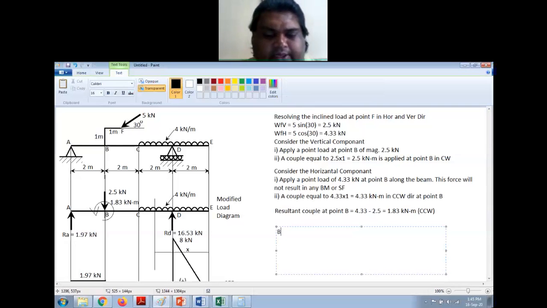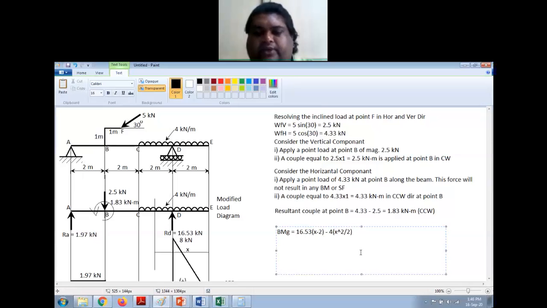So how do you do that? BMG is equal to, this distance is x, and I have a reaction here, so 16.53 into x minus this length is 2, that is the perpendicular distance of that, minus 4 is the intensity of UDL, into x square by 2, that is the distance, right?